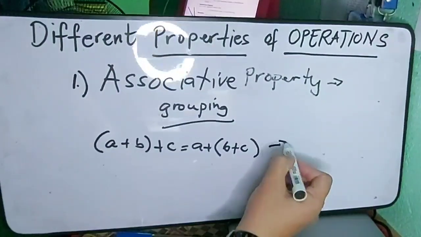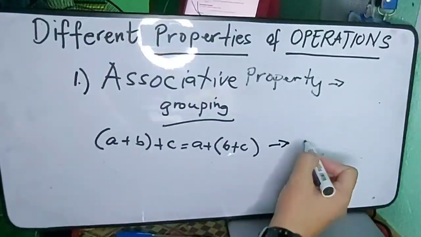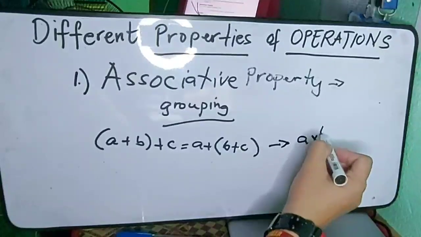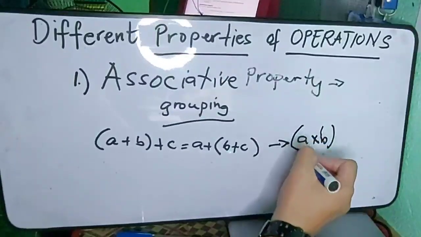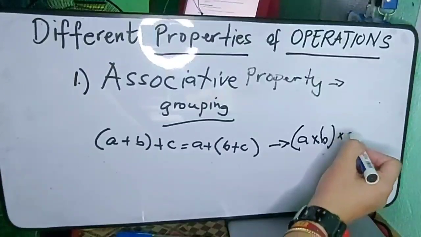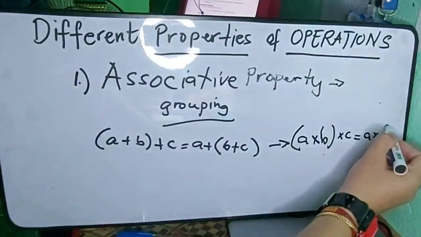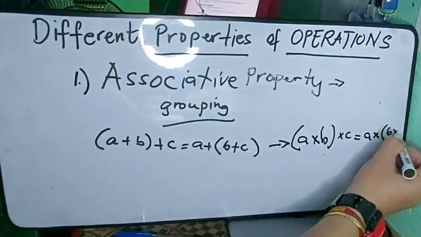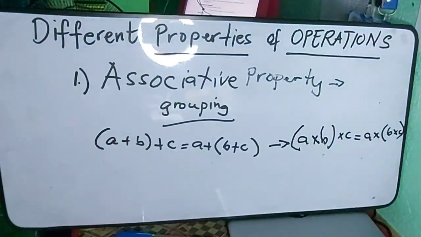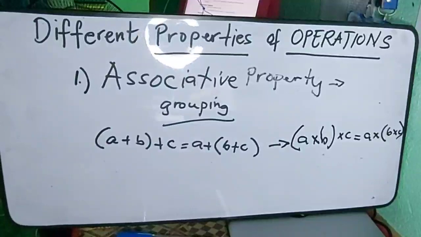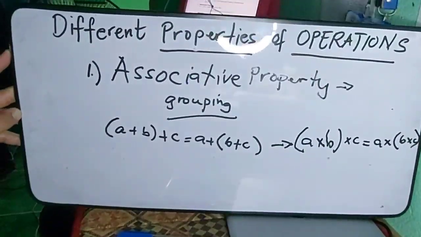Same with multiplication: A times B, first multiply this, times C, regrouped as A times the quantity of B times C. It will give you the same result.